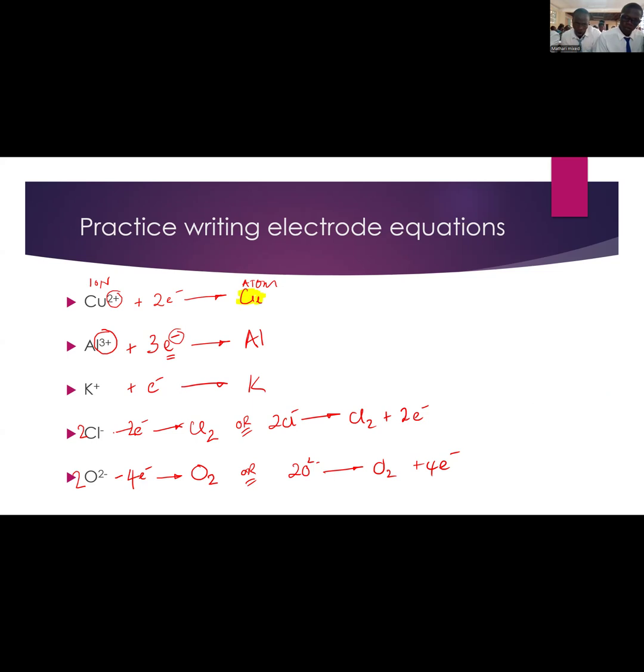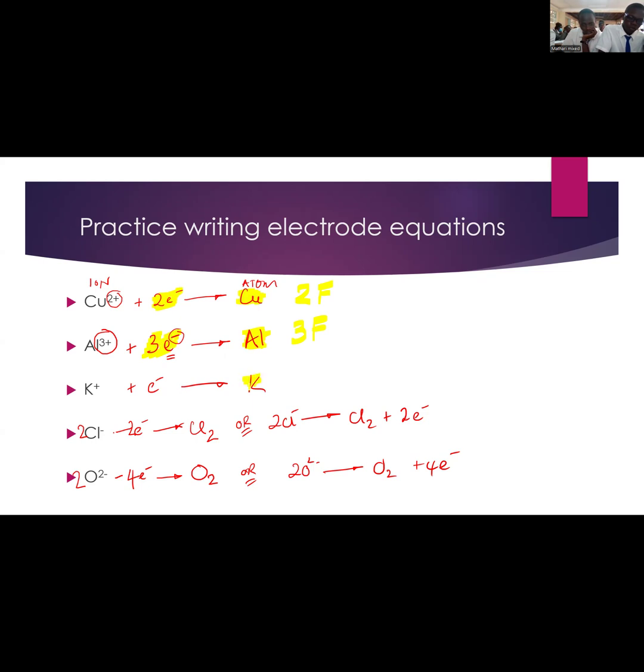So to produce 1 mole of copper, I need 2 moles of electrons. That will be 2 Faradays. In aluminium, to produce 1 mole of aluminium, I need 3 moles of electrons. That's 3 Faradays. Faraday being mole of electrons.